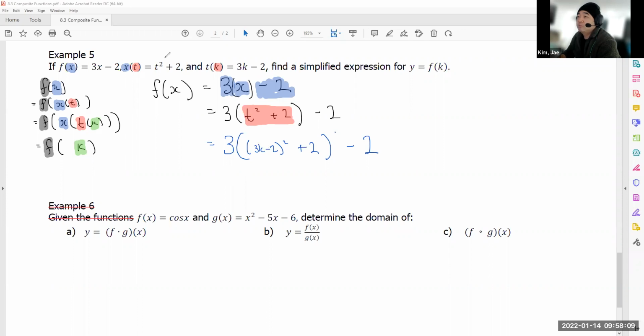And so if I were to simplify, I finally have f connected with k.